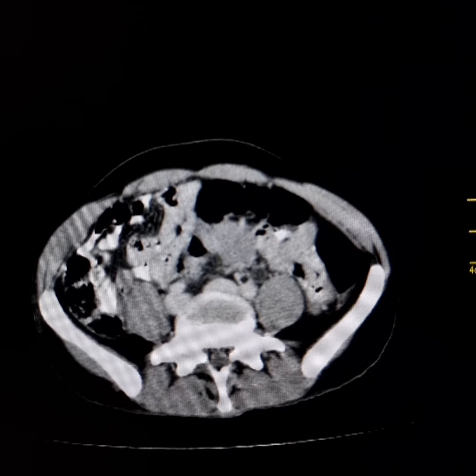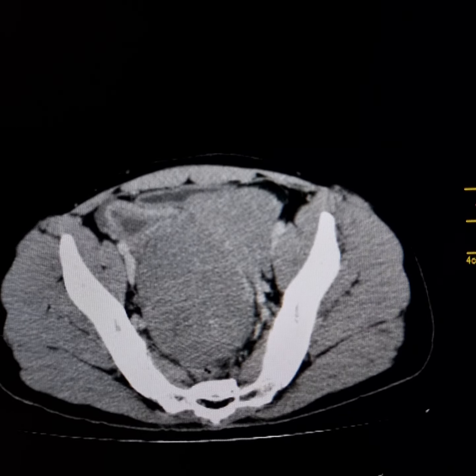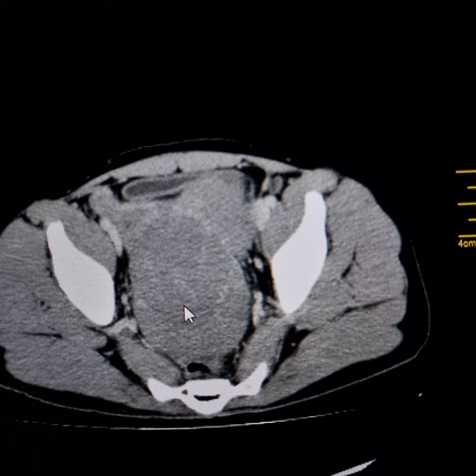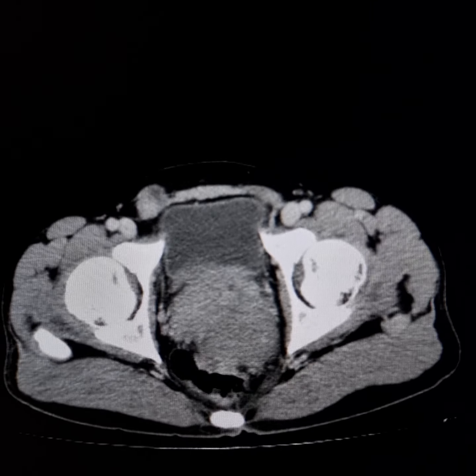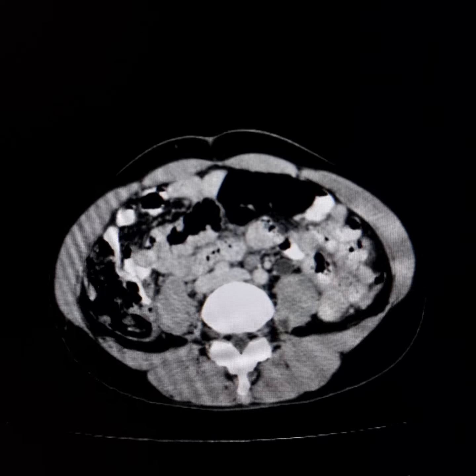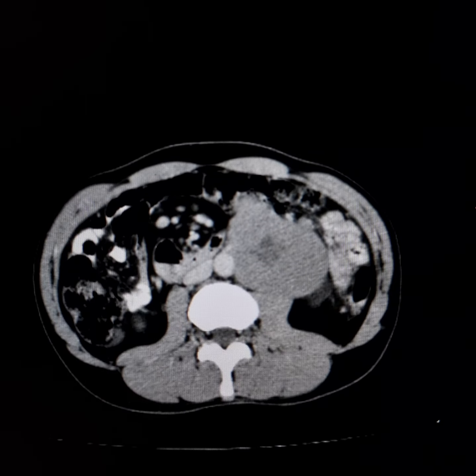The findings are very typical of a tumor involving an undescended intraabdominal left testis, and the left paraaortic mass in fact is the lymphoid mass.